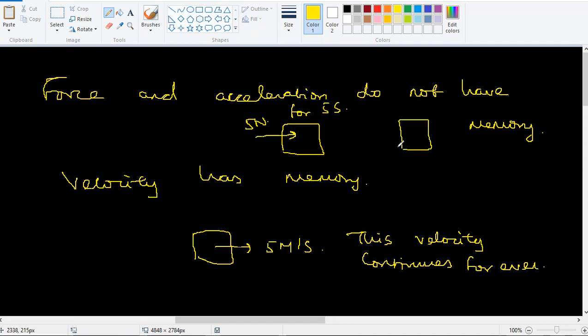So in 5 seconds, let's say it reached 2 meters per second. So slowly it's increasing, 0.1, 0.2, 0.3. So it's reaching 2 meters per second, for example. After 5 seconds, this force is stopped.